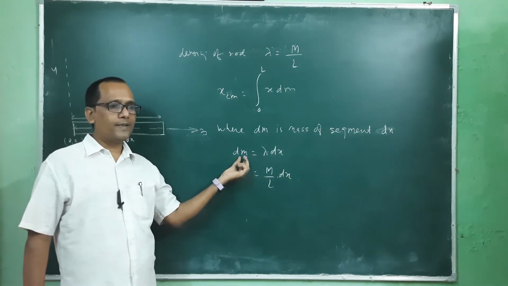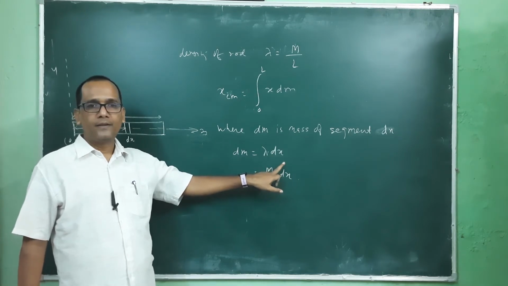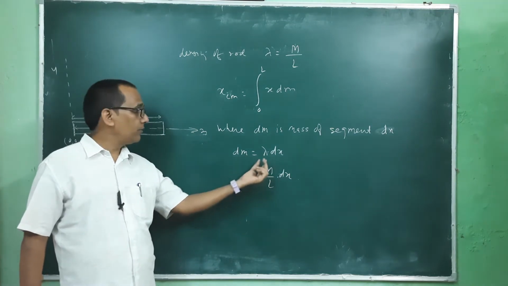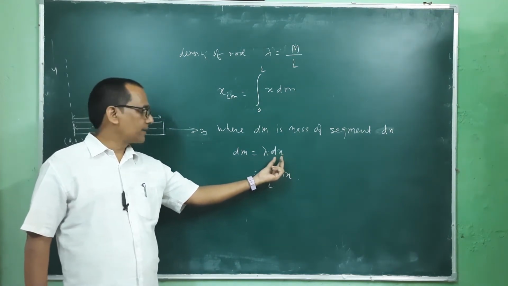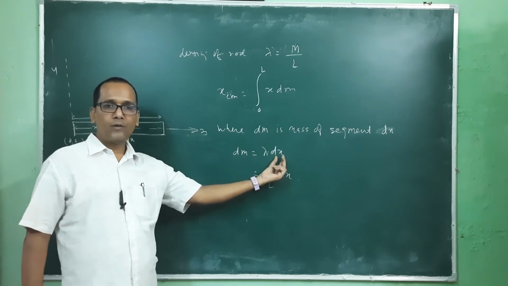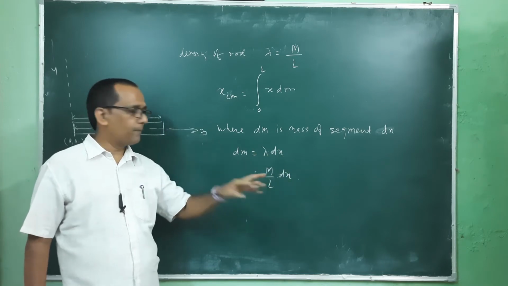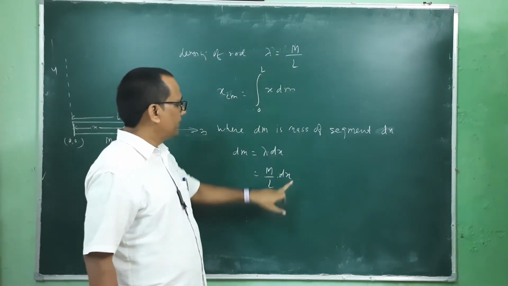In the case of a surface, we will have this density multiplied by area. In the case of a three-dimensional body, dm is equivalent to density multiplied by volume. Okay, so for the surface we will take this dA here. For volume we will take dV, that volumetric part, and that density will be rho. So this is m by L here multiplied by dx.